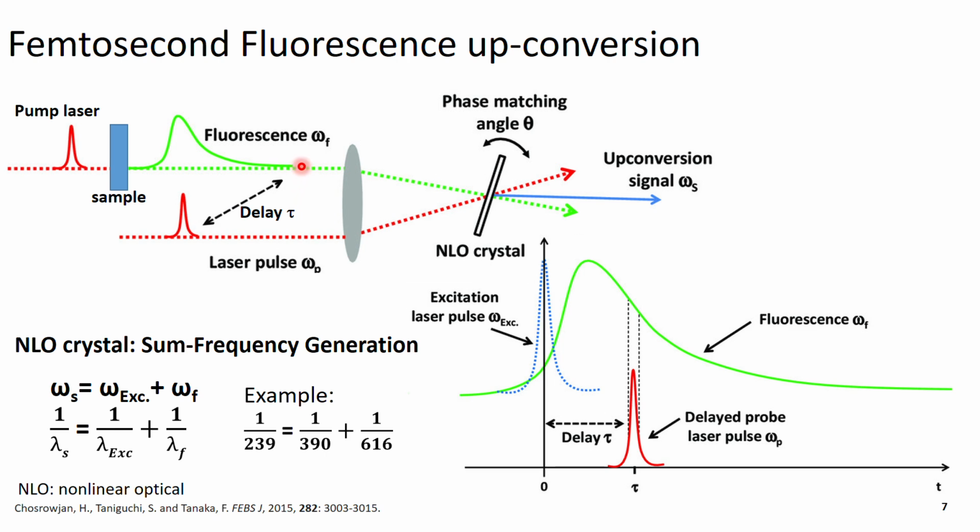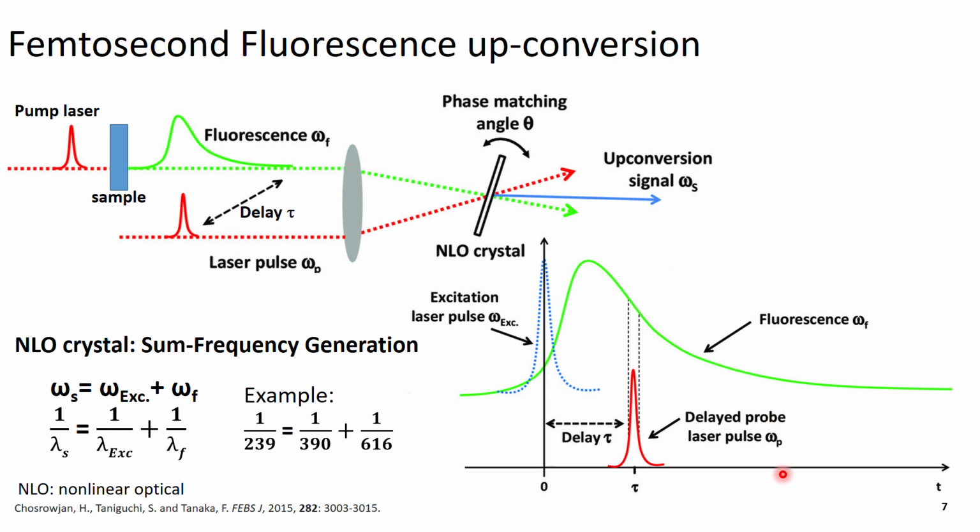So we make these two signals, the fluorescence and the laser pulse, focus on the nonlinear optical crystal at the same time. Through the frequency mixing, we get a new signal, the up-conversion signal, and we use this signal to get the dynamics of the fluorescence.